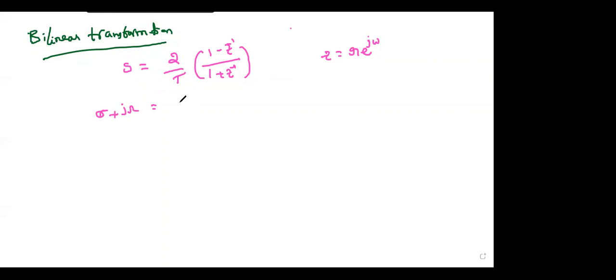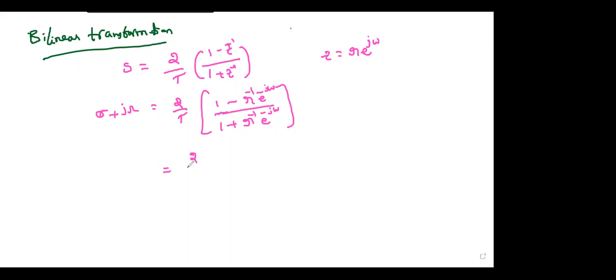From this, T by 2 into (1 minus r inverse into e power minus j omega) divided by (1 plus r inverse into e power minus j omega). Now what we do is take LCM.